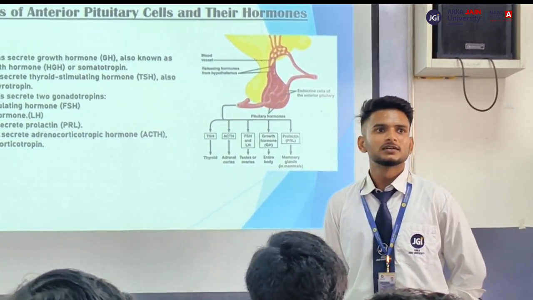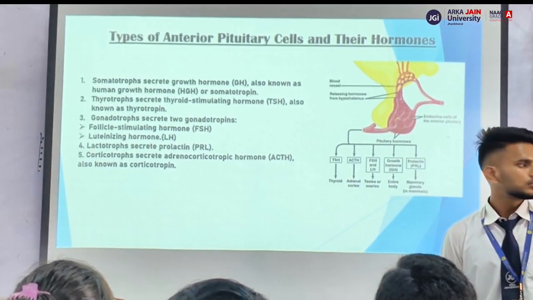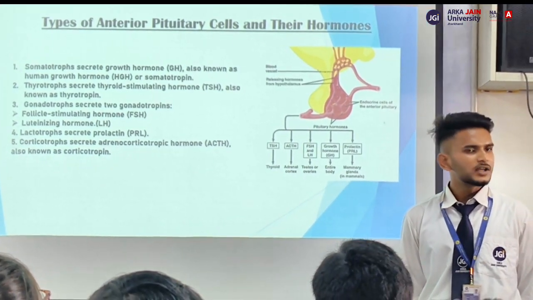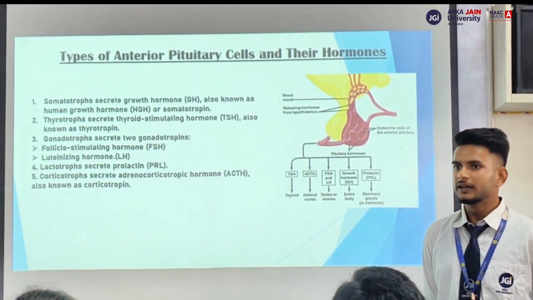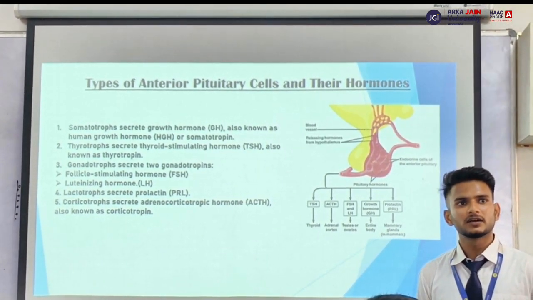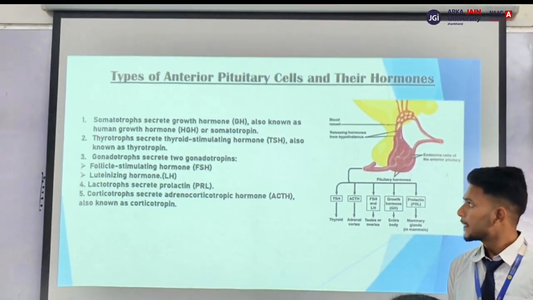Thyrotroph secretes thyroid stimulating hormone, also known as thyrotropin, and it stimulates, regulates and controls the secretion of the thyroid gland.